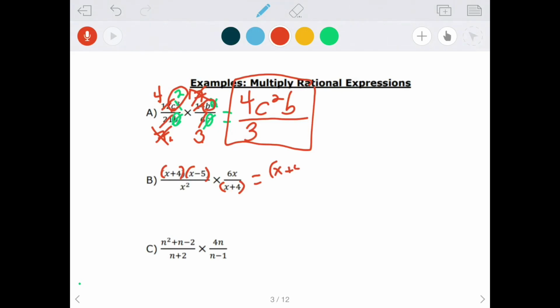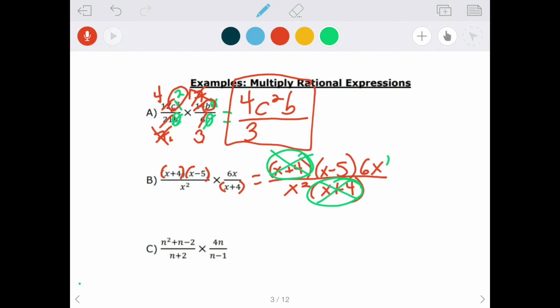So I'm going to have x plus 4 times x minus 5 times my 6x, all over x squared times x plus 4. Now I can reduce this way. As you can see, you have factors of x plus 4 in both the numerator and denominator.